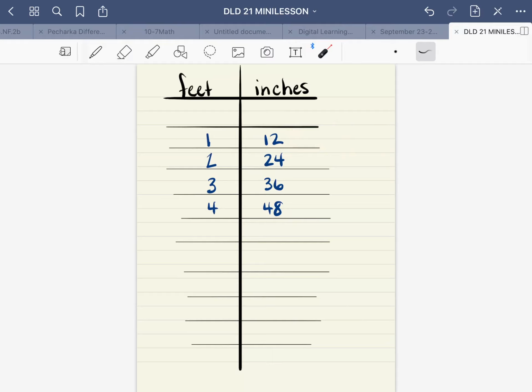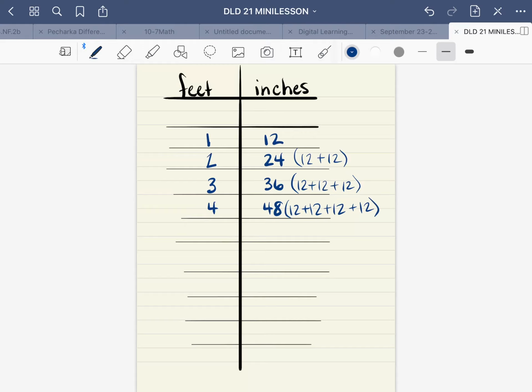So 1 foot equals 12 inches. 2 feet would be 12 plus 12. 3 feet was 12 plus 12 plus 12. 4 feet was 12 plus 12 plus 12 plus 12. And I noticed this pattern. Now I'm thinking that there's a formula that I can use.